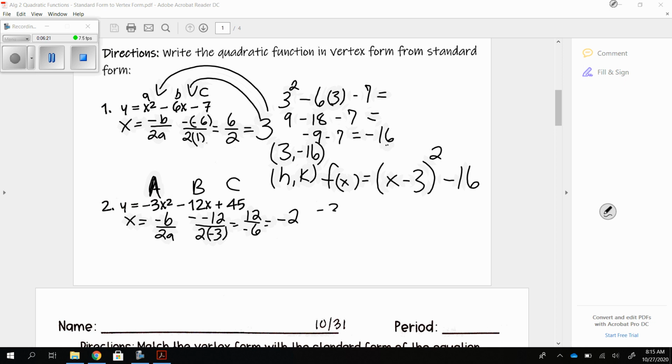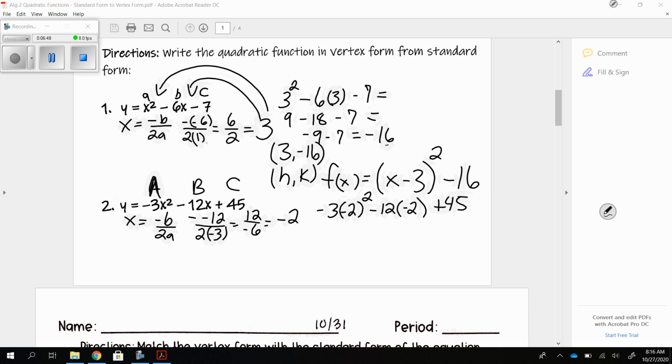Negative 3 times negative 2 squared, minus 12 times negative 2, and then all that plus 45. We have negative 2 squared, which is 4.